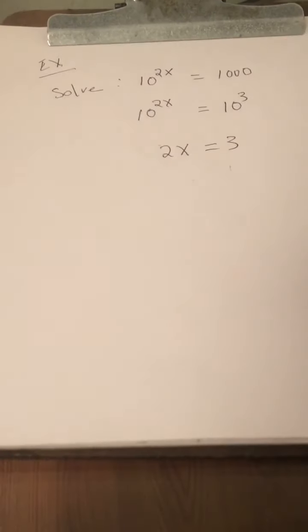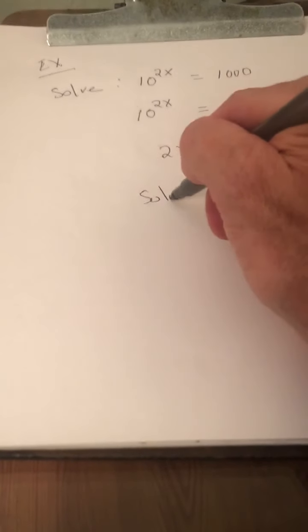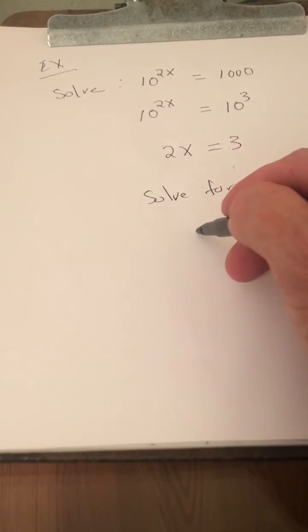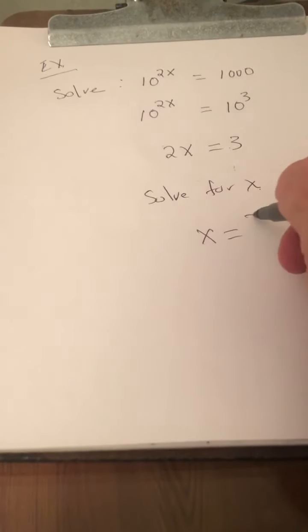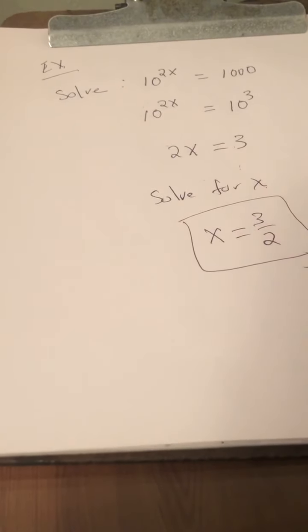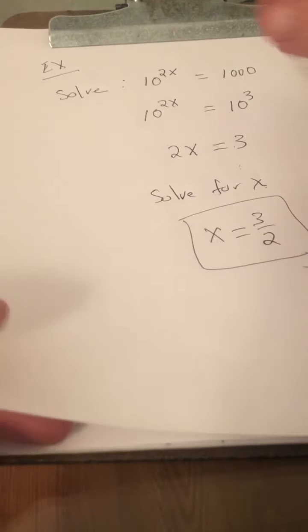So now we just have another step. We're going to solve for x finally, and we get x is equal to 3/2. So let's try another one.